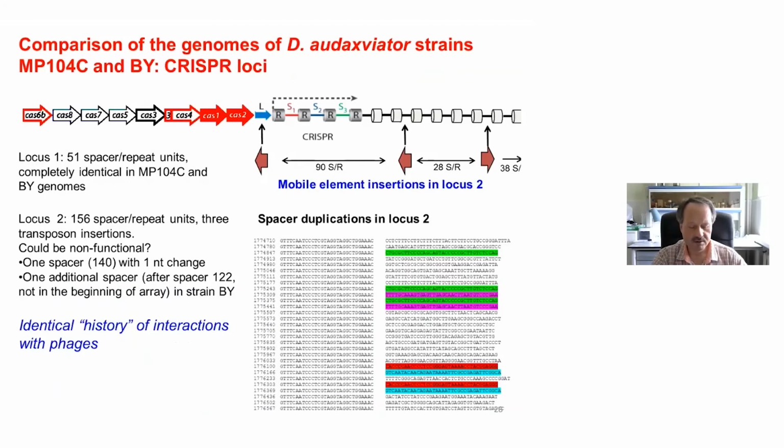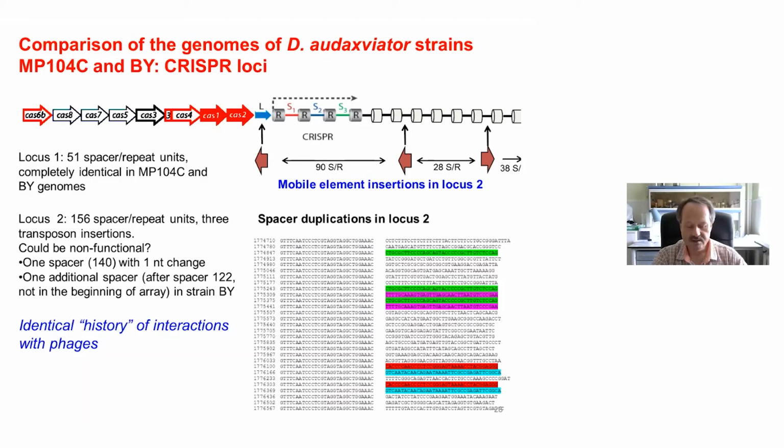It was also interesting to compare CRISPR loci of South African and Siberian strains. This is one of the most quickly evolving regions of the bacterial genome, and acquisition of new spacers in CRISPR arrays reflects the history of interaction of the bacterium with phages. Surprisingly, one CRISPR array was completely identical in the 2 genomes, and only one specific spacer was found in the second.